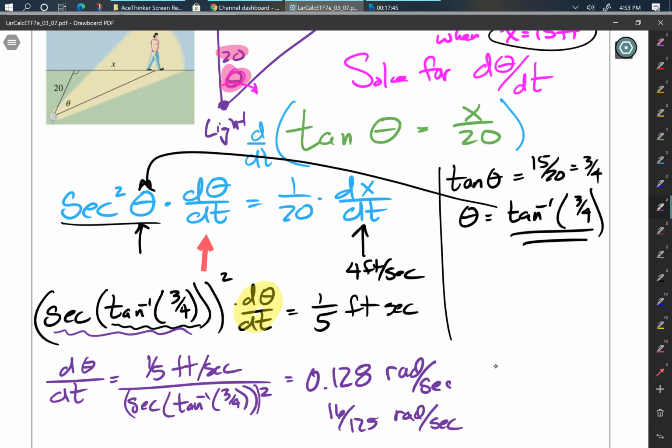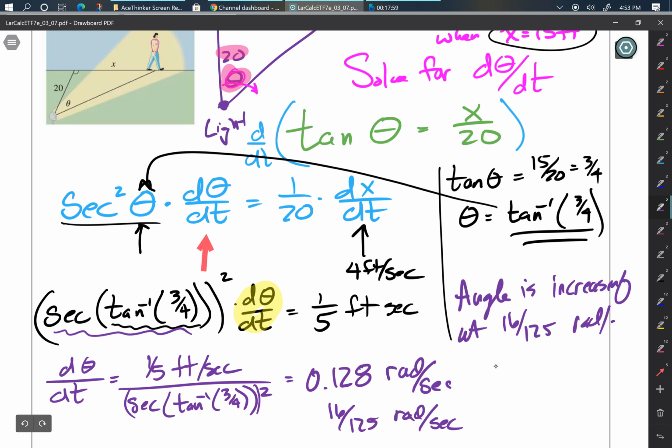It is the rate of change of the angle. So the angle is increasing at 16/125 radians per second. All right, that brings us to the end of section 3.7, related rates.